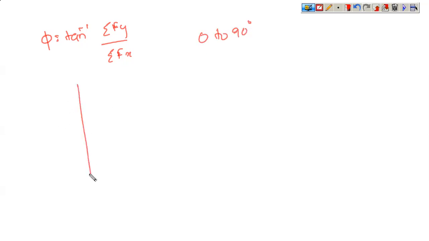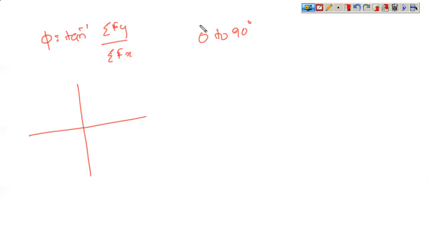So that means your resultant will always lie in the first quadrant. This clearly means that your resultant will always lie in the first quadrant, because the value with the help of a calculator will always be some value between 0 to 90 degree. But this is not possible.